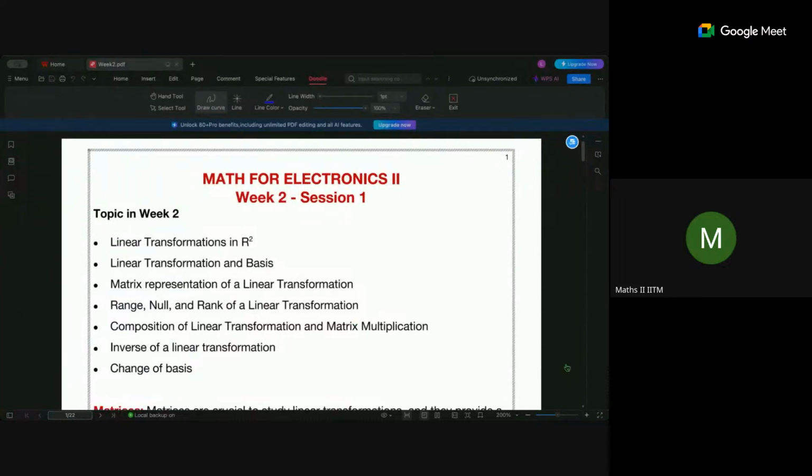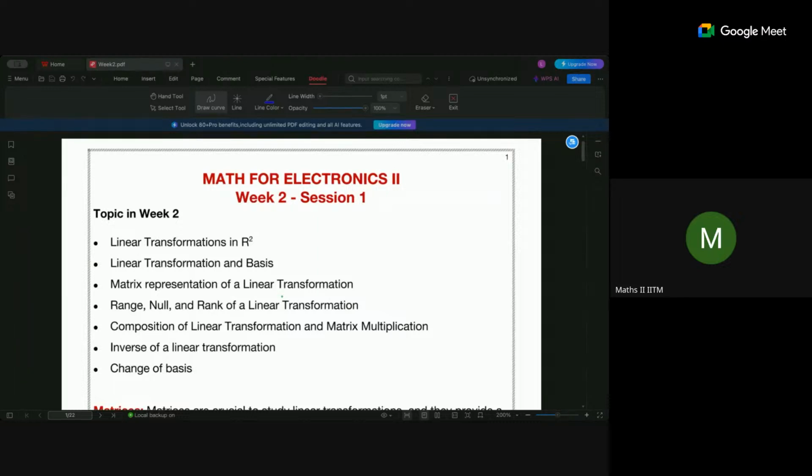Can anyone just tell whatever you remember from week 1? Linear combination, okay. Then span, yes, good. Basis, spanning set, change of basis, yes. So when you talk about basis, what is the other word you study together with basis?